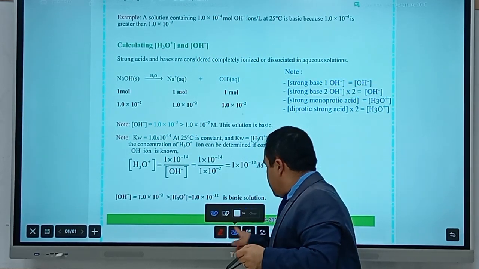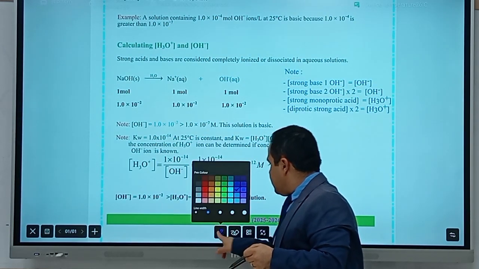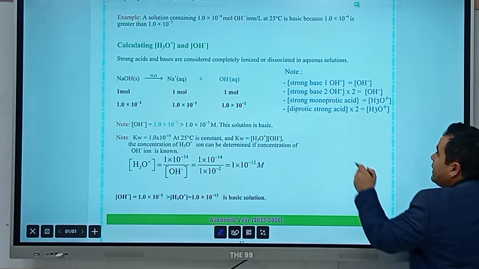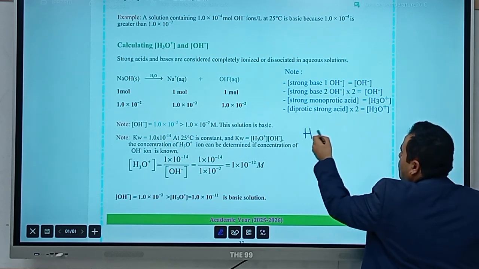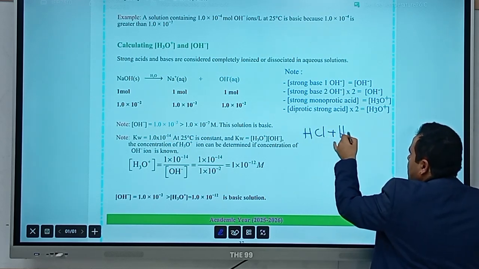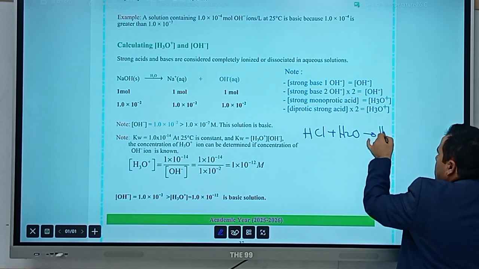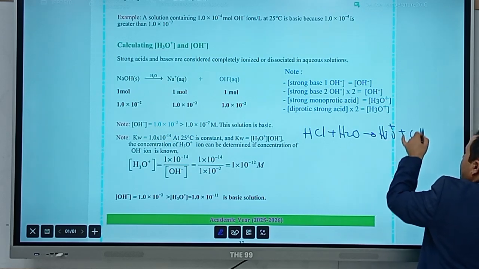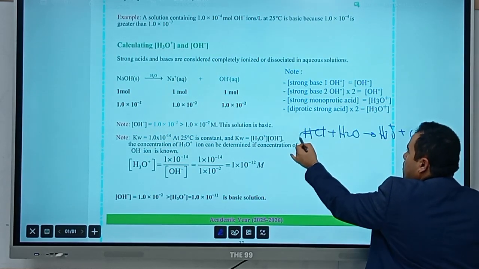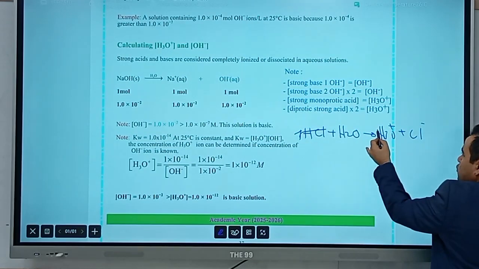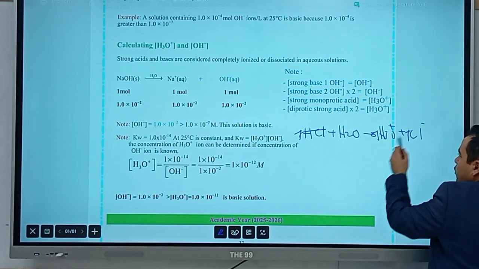Let us talk about the acids, sorry. If an acid is given, for example, monoprotic acid HCl plus H2O will produce hydronium plus Cl negative. Guys, 1 mole of HCl ionizes to produce 1 mole of hydronium and 1 mole of Cl.